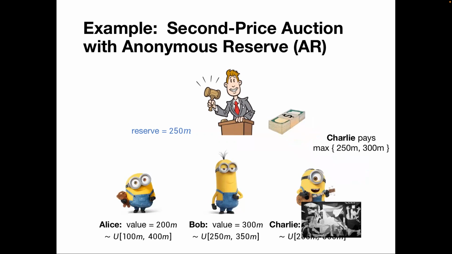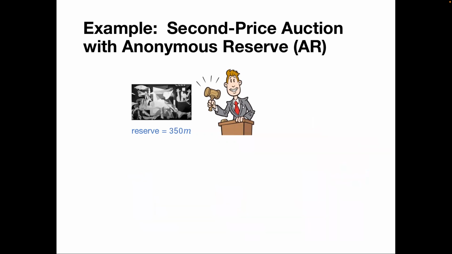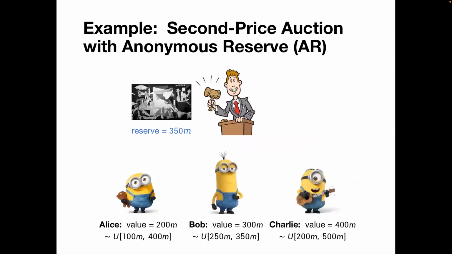Consider another example. Suppose the reserve price now is raised to $350 million, and consider the same outcome values of Alice, Bob, and Charlie.